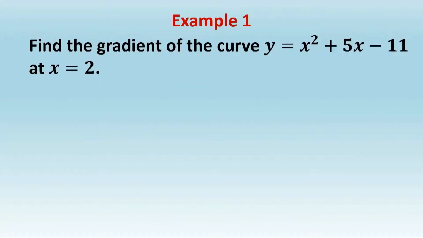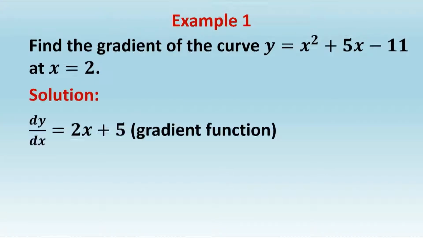Example 1. Find the gradient of the curve y is equal to x squared plus 5x minus 11 at x is equal to 2. First, we are going to calculate dy by dx. dy by dx is equal to 2x plus 5, which is the gradient function.